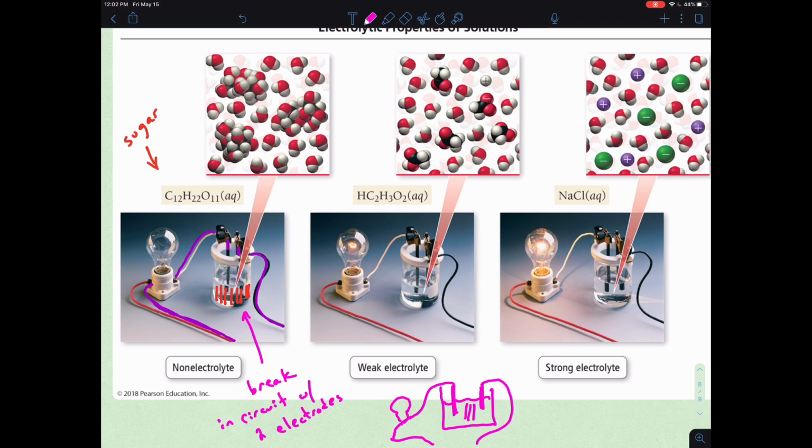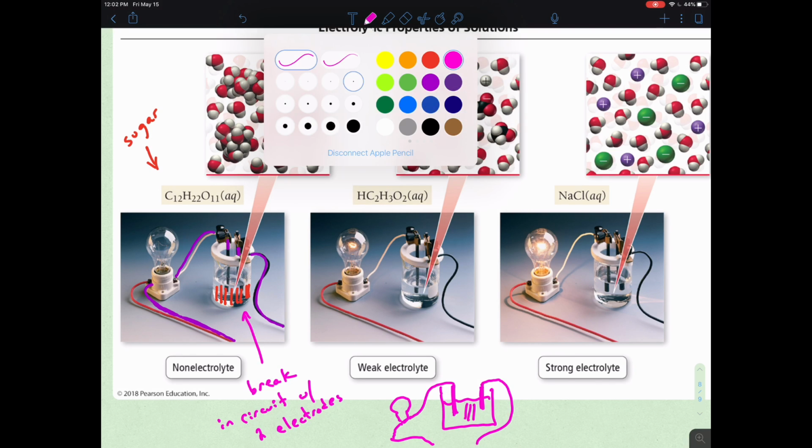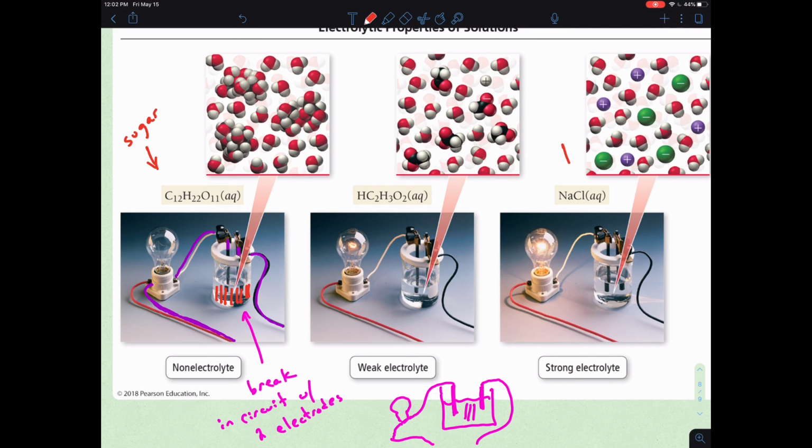If we put sodium chloride on the far right, notice that now we have an ionic molecule, and we can see that in terms of these different positive ions as well as negative ions that are in solution. And that's what now allows for the light to come on. Now here the circuit is connected.